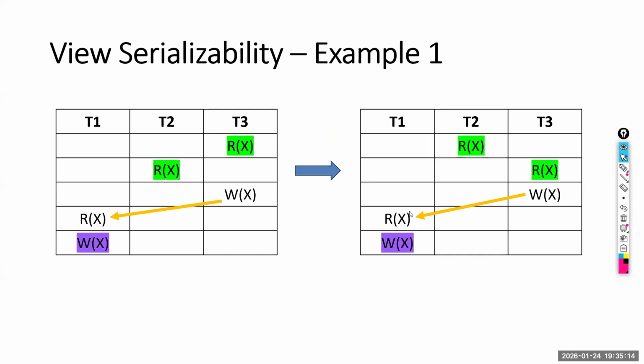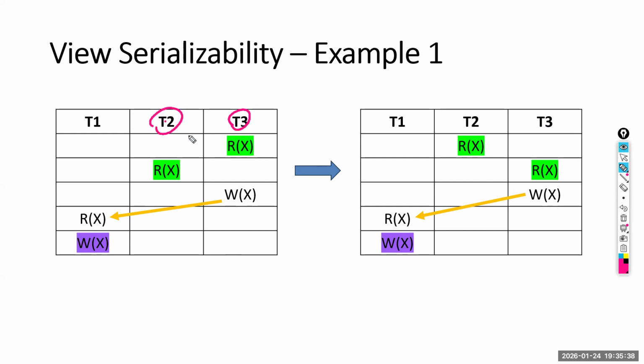This is an example of two schedules which are view equivalent. T1, T2, T3, T1, T2, T3. Here we have only one data item, X. So check which transaction does the initial read of X. T3 and T2 both.